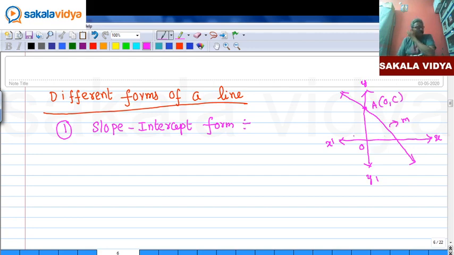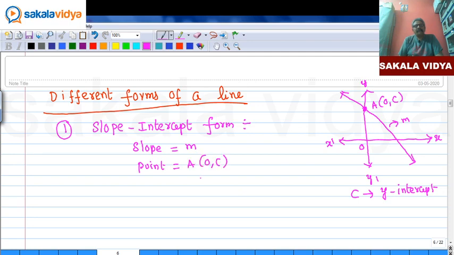Then we need to find the equation of the line. c is called the y intercept. Here slope is m, and the point on the line is (0, c). The equation of the line passing through (0, c) having slope m: y minus c is equal to m into (x minus 0).